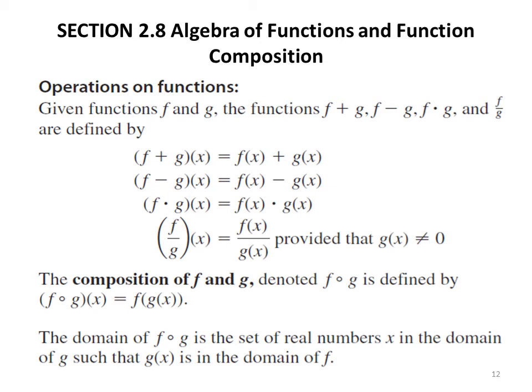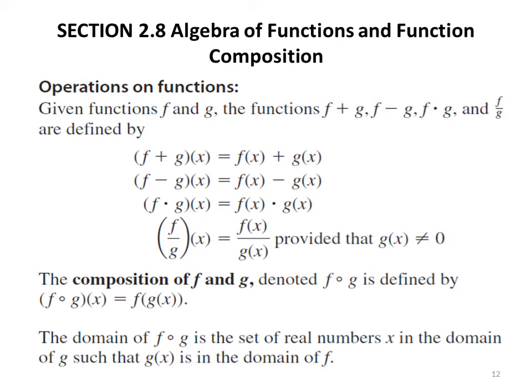Subtraction is defined similarly. The new function f minus g of x is just equal to f of x minus g of x. The product f times g of x is f of x times g of x. Finally, the division f over g of x is just f of x divided by g of x.